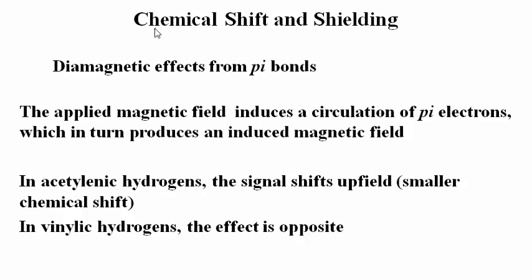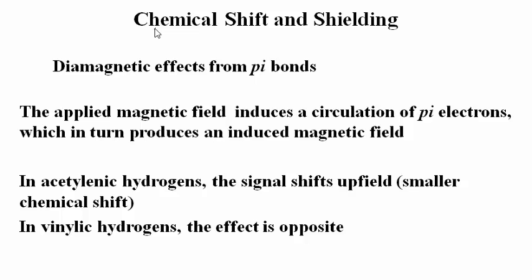And then finally, the diamagnetic effects from pi bonds. When molecules contain double or triple bonds, the effect is a little bit different than the sigma bond electron density that we talked about earlier. The applied magnetic field induces a circulation of the pi electrons, which in turn produces an induced magnetic field.